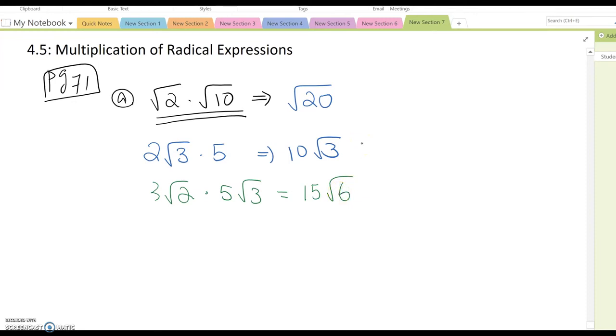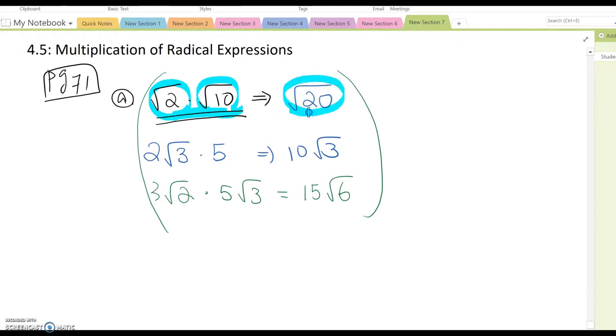So do you see what I did among those three questions? In the first question, root 2 and root 10, they both are radical values, and then I multiply them, so I got radical 20 here.